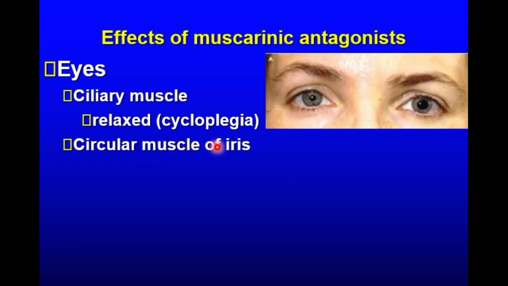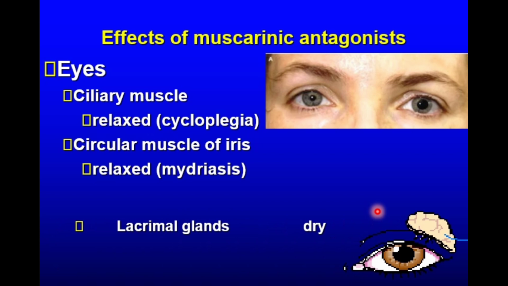Relaxation of the circular muscle of the iris results in pupillary dilatation, known as mydriasis. Muscarinic receptor antagonists inhibit secretion of lacrimal glands, resulting in dryness of the eye.